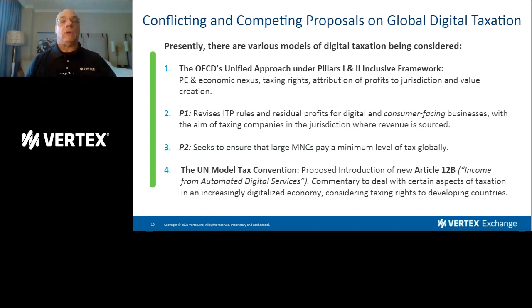And that is because everyone has been paying attention to President Biden's administration on the global minimum tax, which is actually part of both Pillar 1 and also Pillar 2, where, as you can see there, multinationals pay a minimum level of global tax.